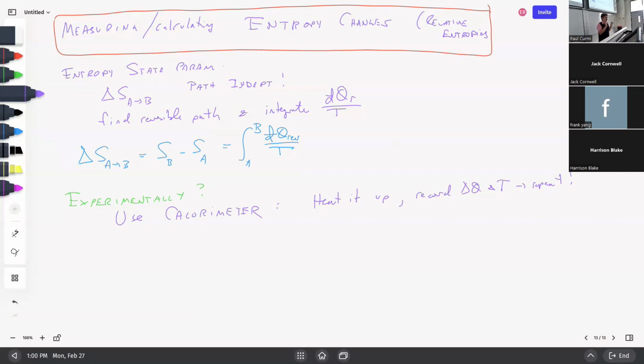But we have a fundamental equation. The fundamental equation is U is a function of S, V, N, or the fundamental equation is entropy as a function of U, V, N. These fundamental equations are all the same thing. They've just been rearranged, okay? So when you've got your calorimeter, it's an entropy meter. It's also an energy meter. It's also a free energy meter. It's also an enthalpy meter.